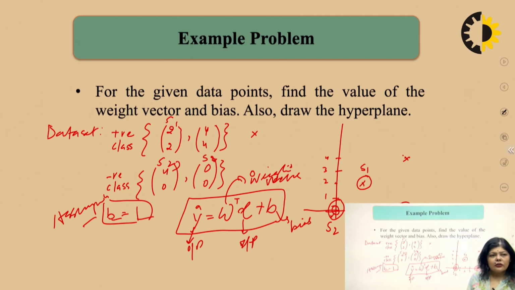And I need to estimate the value of the weights and the bias for getting the label y of a point which is not already present in the data set.